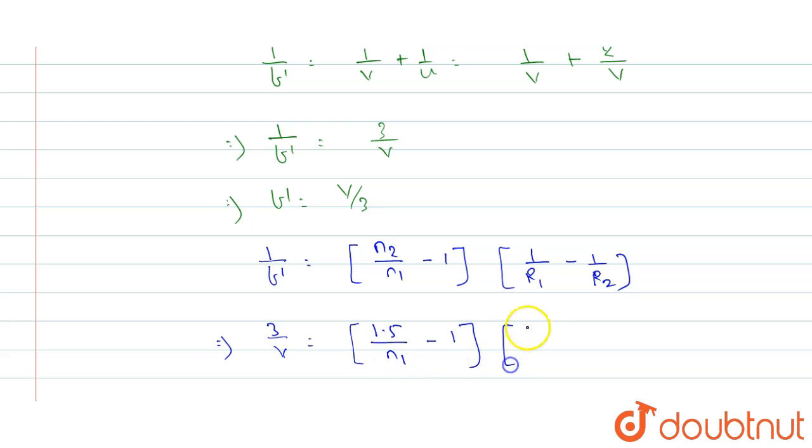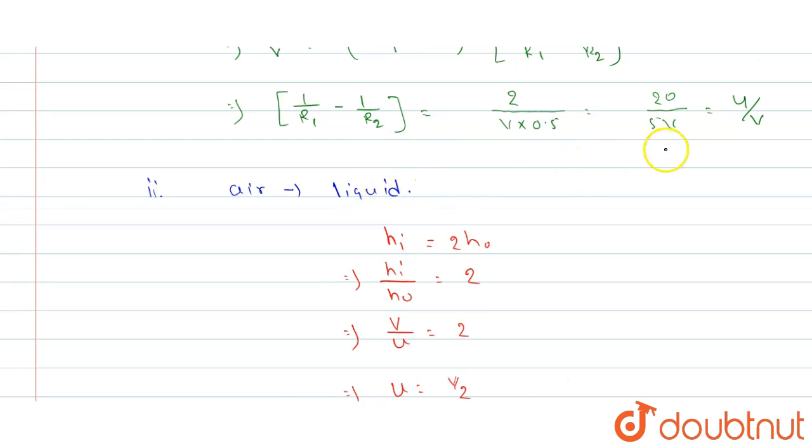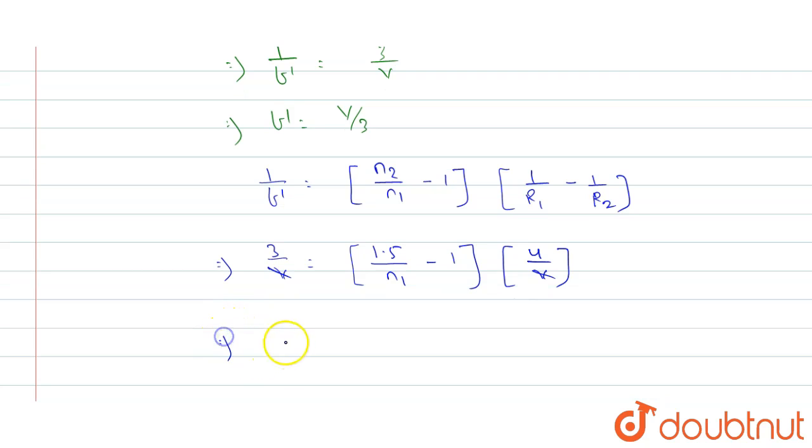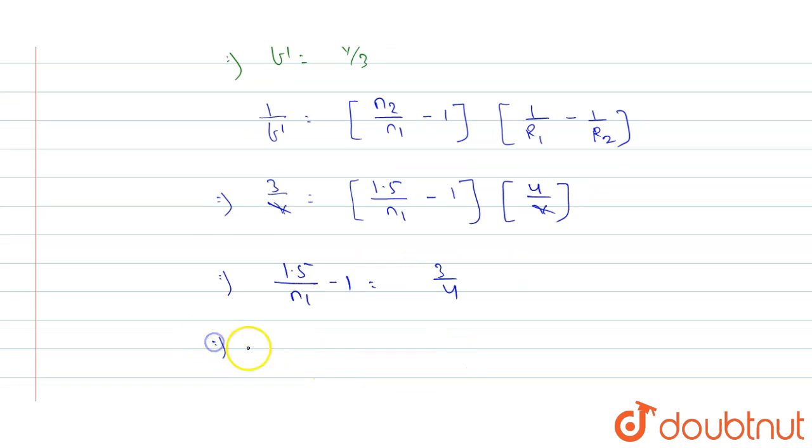Minus 1, again multiplied by 1 divided by R1 minus 1 divided by R2, which we have already found to be 4 divided by V. That implies V and V get cancelled out, and we get 1.5 divided by N1 minus 1 is equal to 3 divided by 4. That implies 1.5 divided by N1 is equal to 3 divided by 4 plus 1, which is equal to 7 divided by 4.